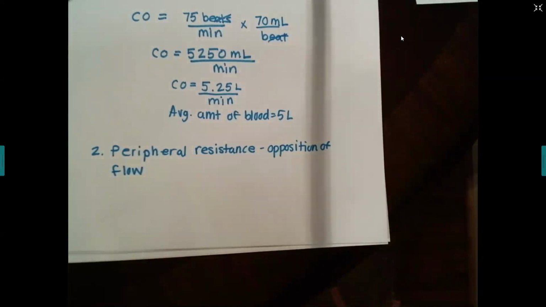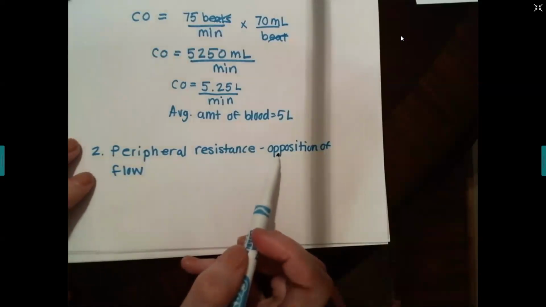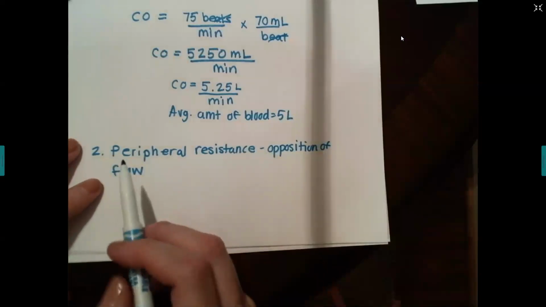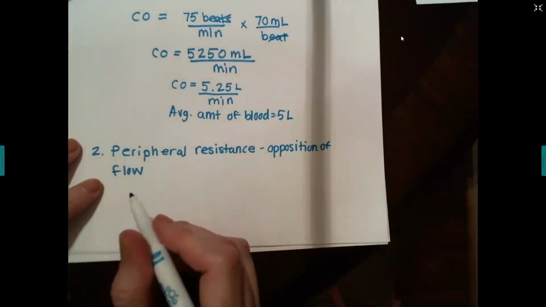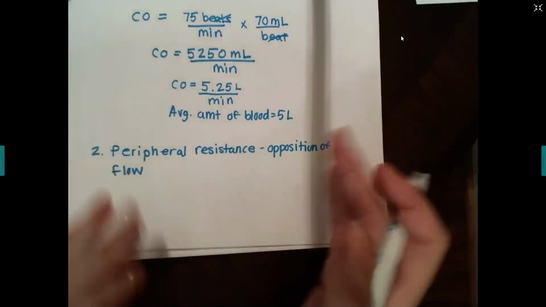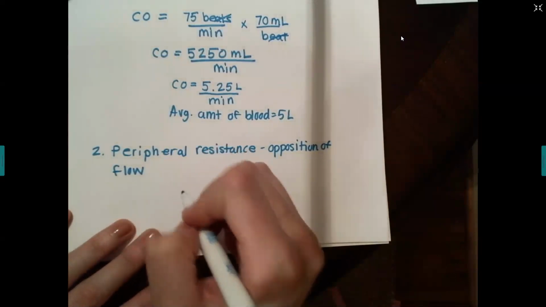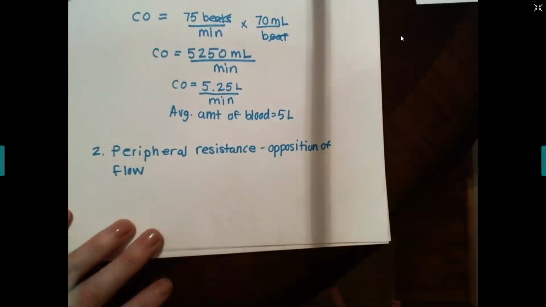Okay, what is the nature of the blood vessel that can lead to the opposition of flow? The only way to do that is to interfere with that blood flow by friction. Okay, so this opposition of flow is a measurement of the amount of friction that the blood is going to encounter in a blood vessel.